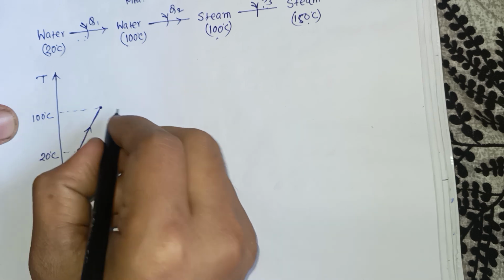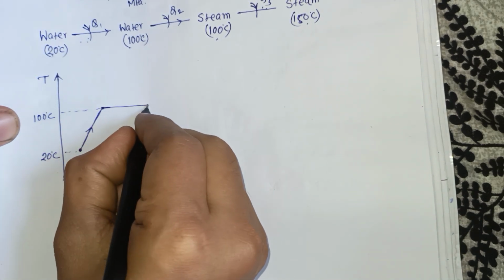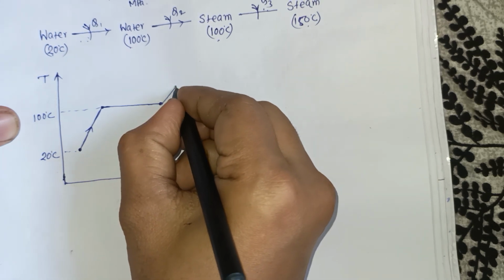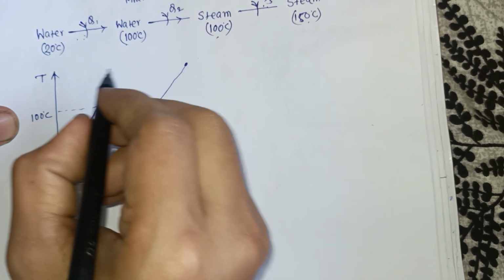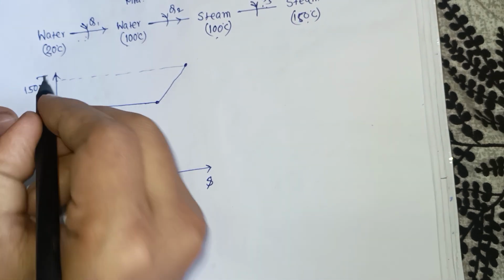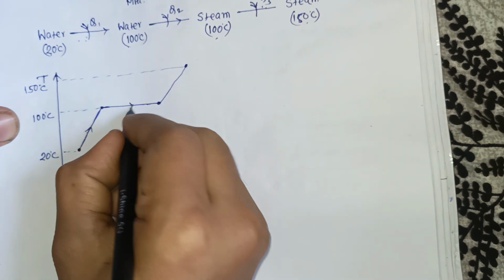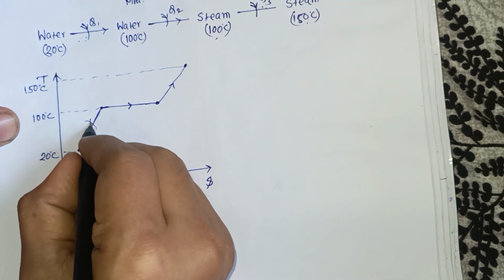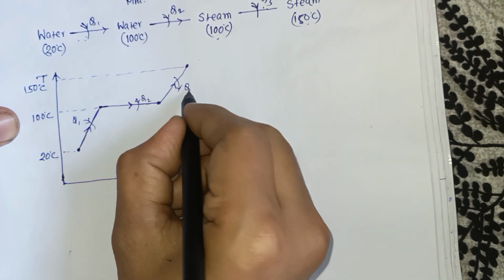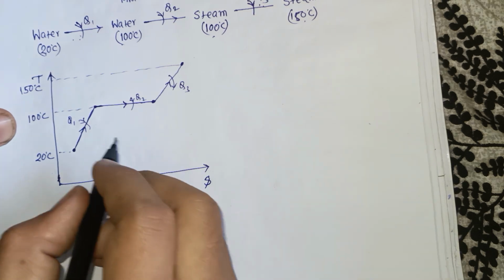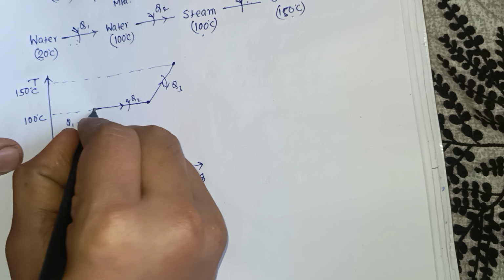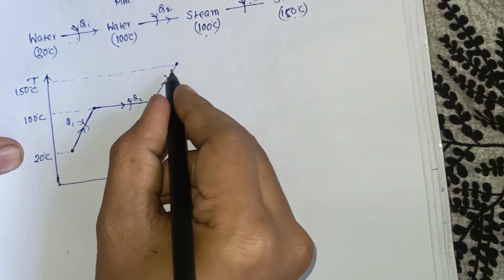Next, the temperature is constant, and then we apply some heat so the temperature reaches 150 degrees Celsius. Here you apply Q1 amount of heat, here Q2, and here Q3. So there is a temperature increase, then temperature constant, and then temperature increase.